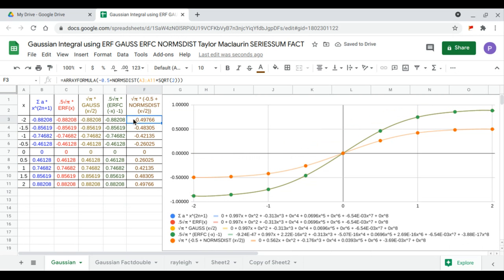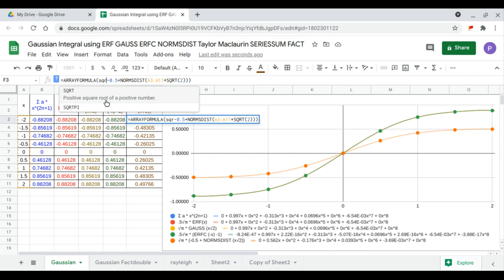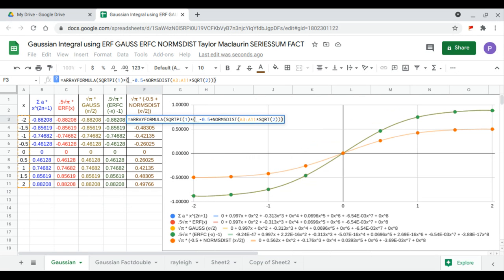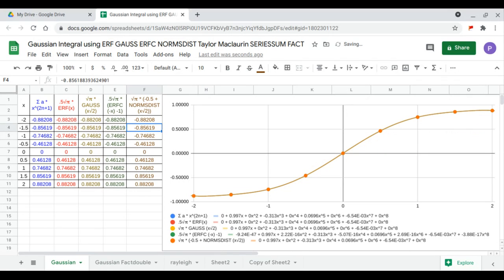And finally, multiply by square root of pi. So square root of pi times quantity. Now they're all on the same trend line. Their data sets are the same. Their polynomials are also the same.